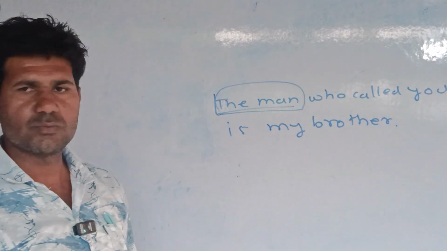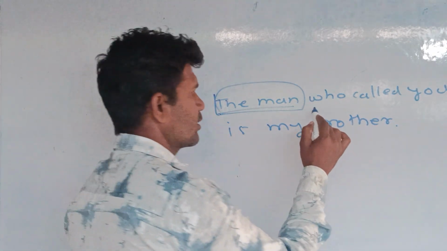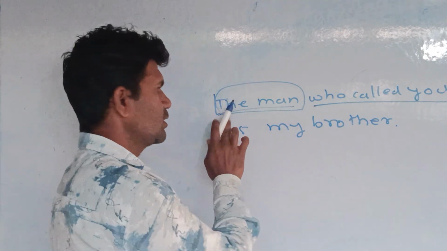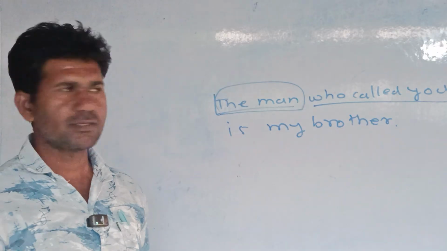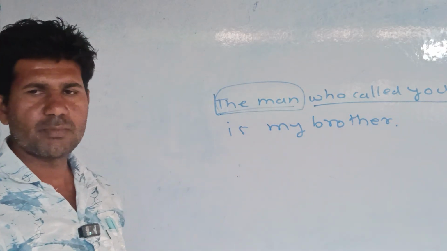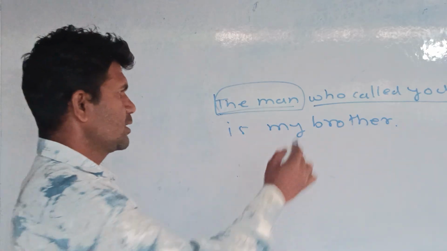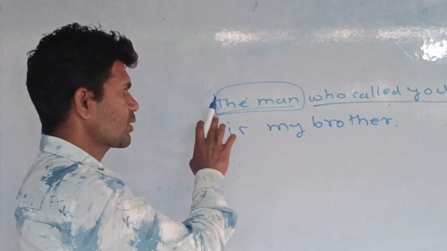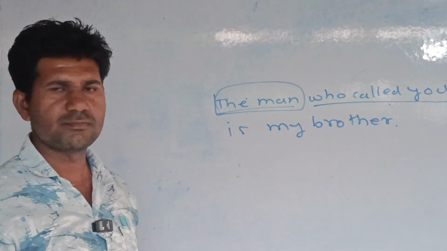Now, about this noun, this part, who called you, is telling about this part. Which man? The man who called you. It means this part describes the man, subject of the sentence or noun.